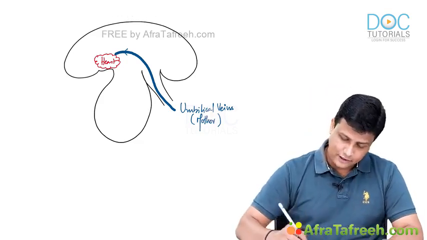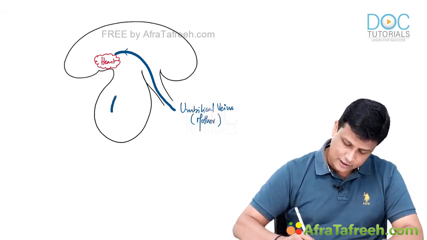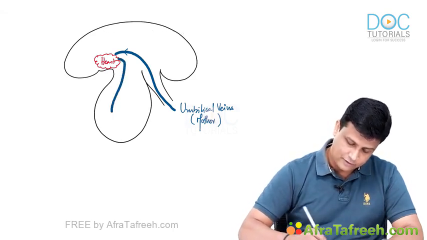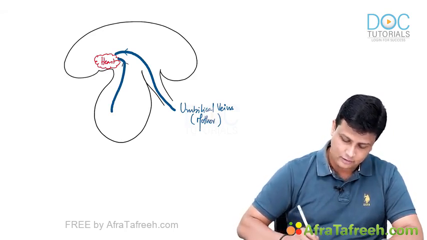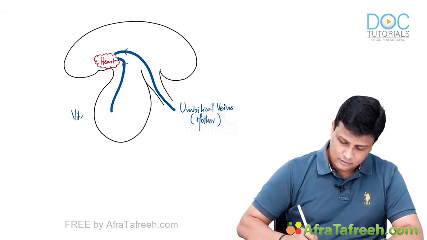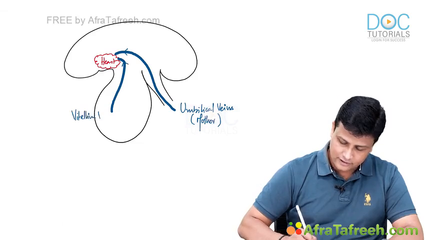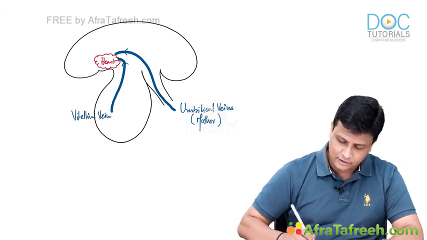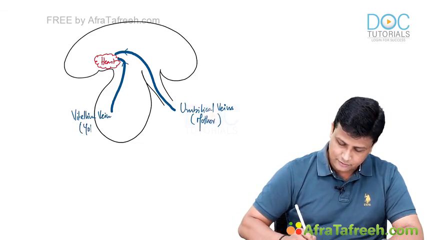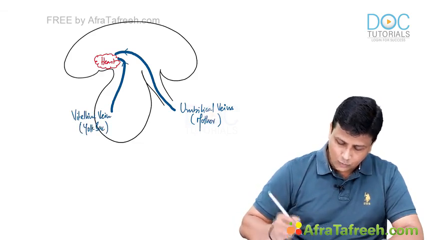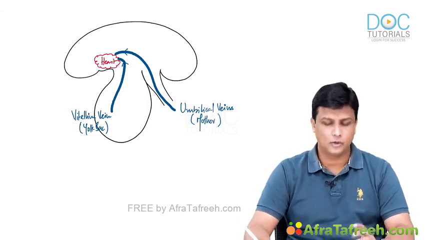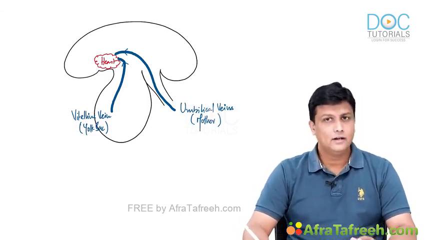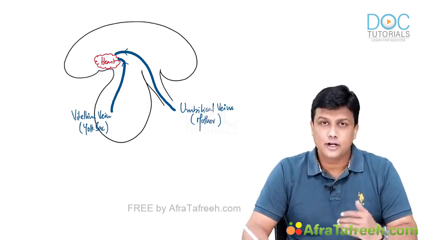Similarly, you also have a vein which is going to collect the blood from the yolk sac. And the vein which is going to collect the blood from the yolk sac here will be the Vitelline vein. Now, why am I stressing a lot that it is going to collect the blood from the yolk sac? Because we all know very well, yolk sac is nothing but the future gut.